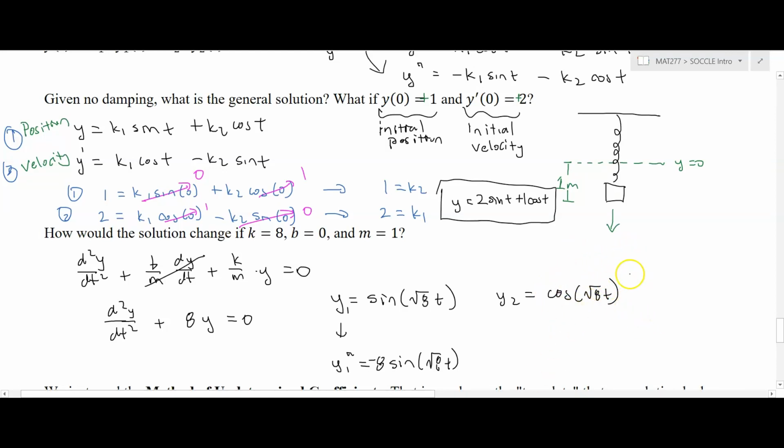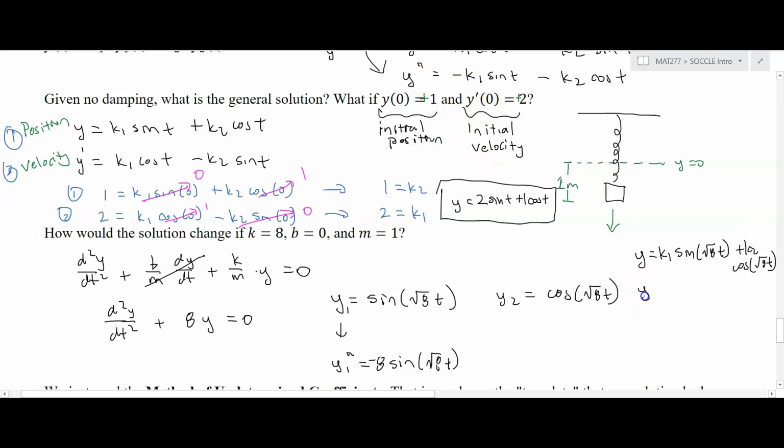And for the same reason, our general solution is going to be any multiple of the first, which is k1 sine square root of 8t, plus any multiple of the second, k2 cosine of square root of 8t. Now for our initial conditions, we're going to need the velocity function.